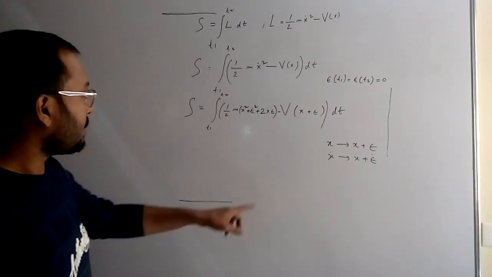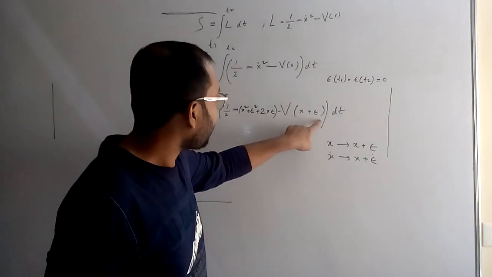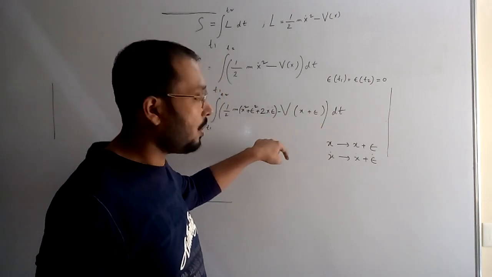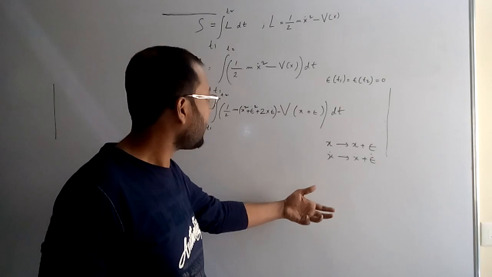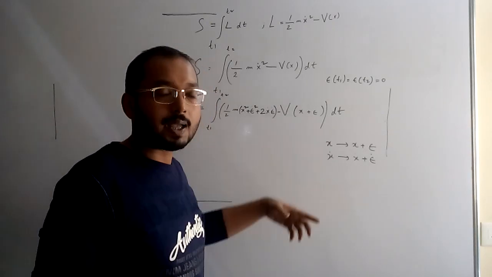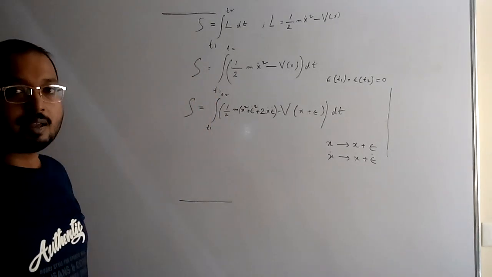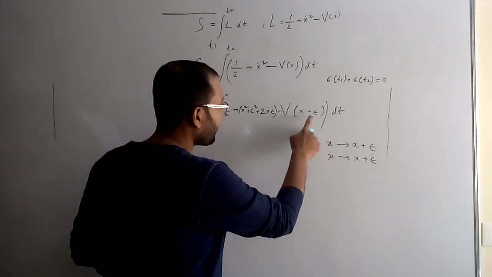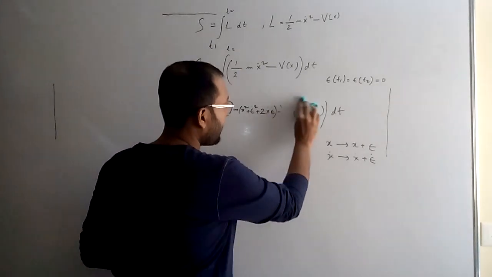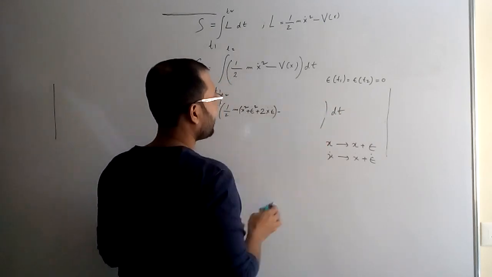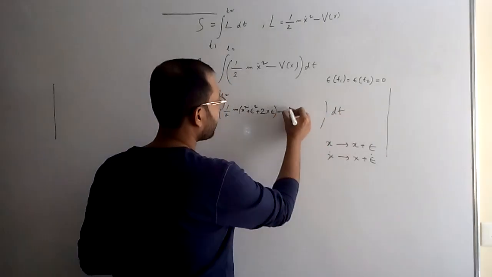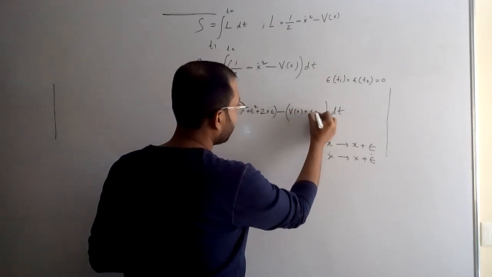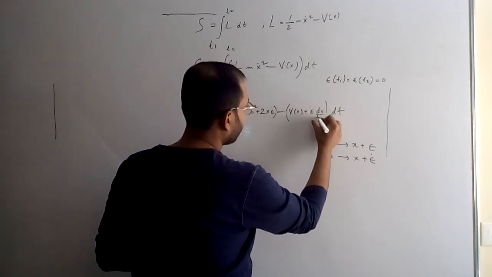And what can I do with V of x plus epsilon? Well, I can Taylor expand it and I can ignore higher order terms, terms containing higher powers of epsilon. Epsilon being small, its powers will be even smaller. So if we Taylor expand this quantity, erasing this and writing the Taylor expansion in its place, I get V of x plus epsilon dV by dx.